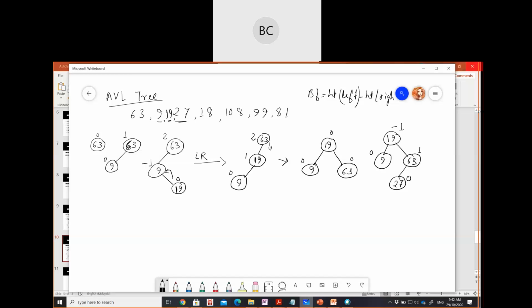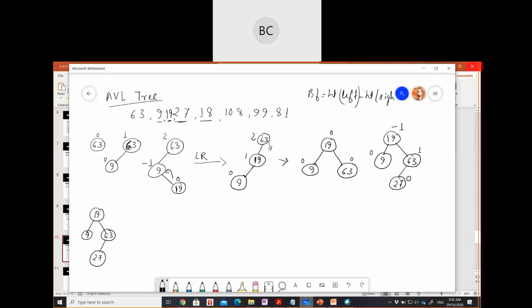We move forward. Now we have 18. So let's do it again. So 18 we will add where? 18 is less than 19, correct? So it will be added where?